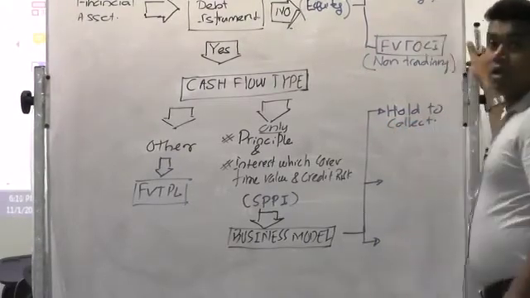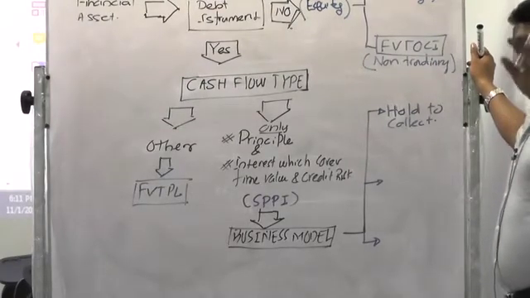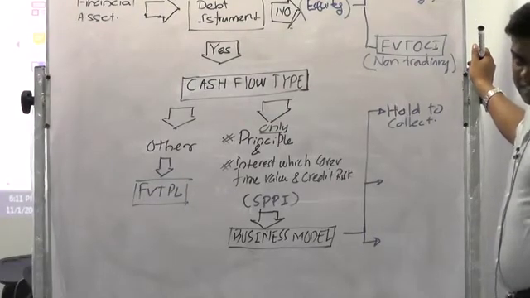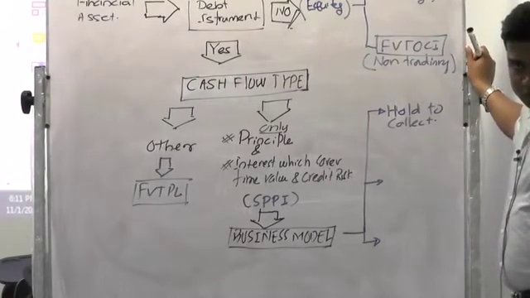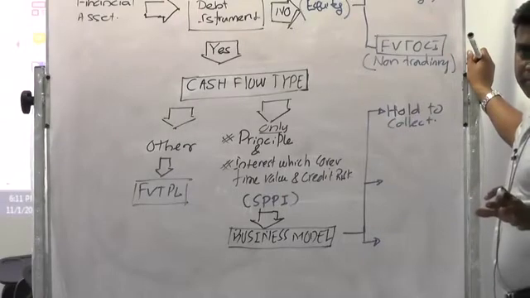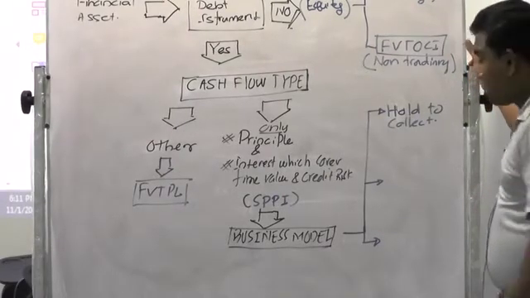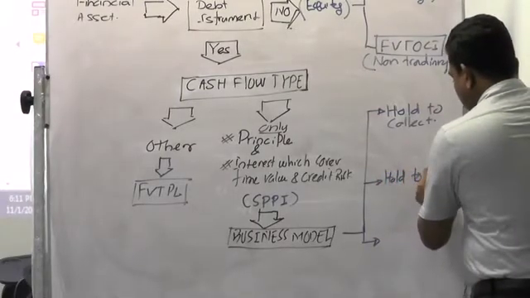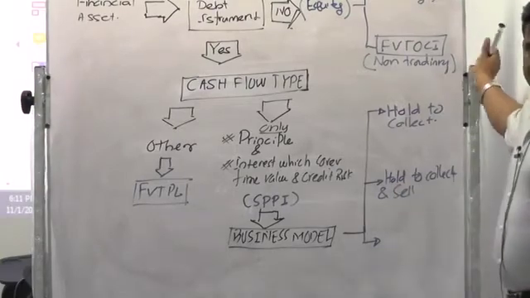Some instruments you will keep, but when an opportunity arises, you will sell. Your intention is not to sell, but when the opportunity arises you will. Those are called hold to collect and sell.